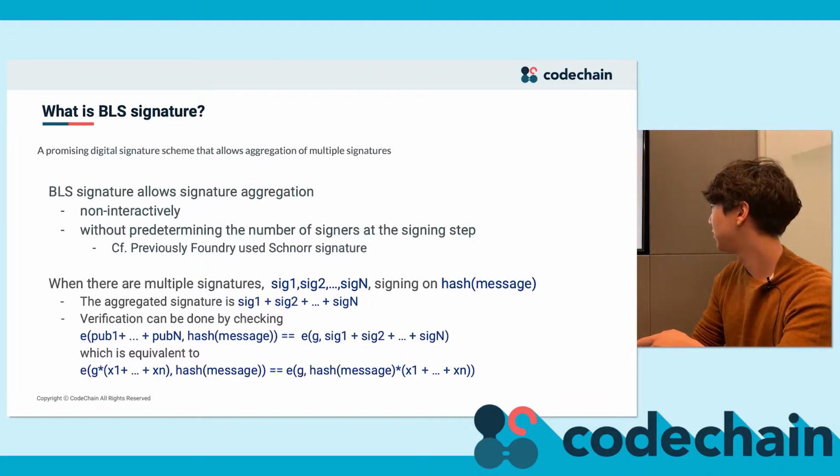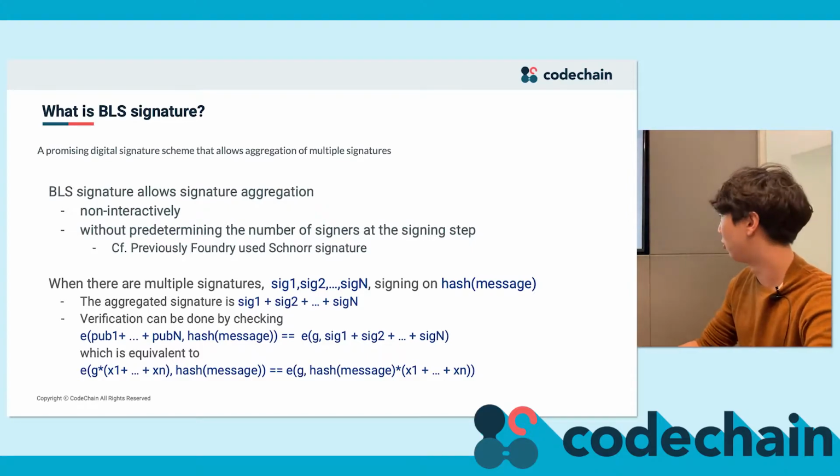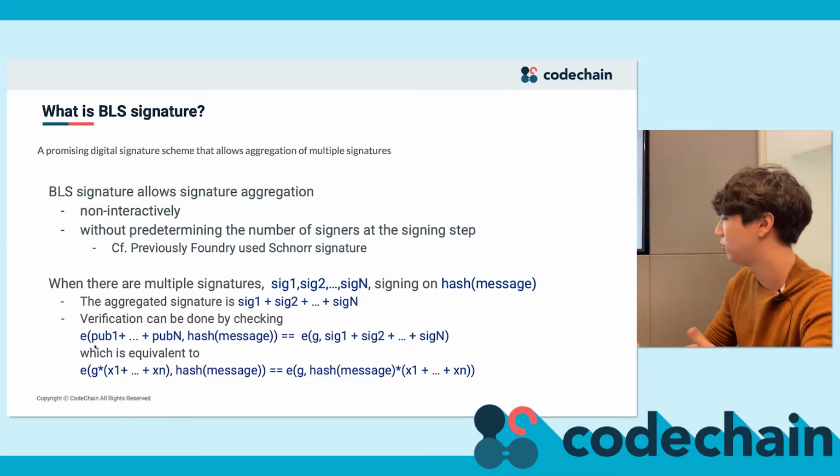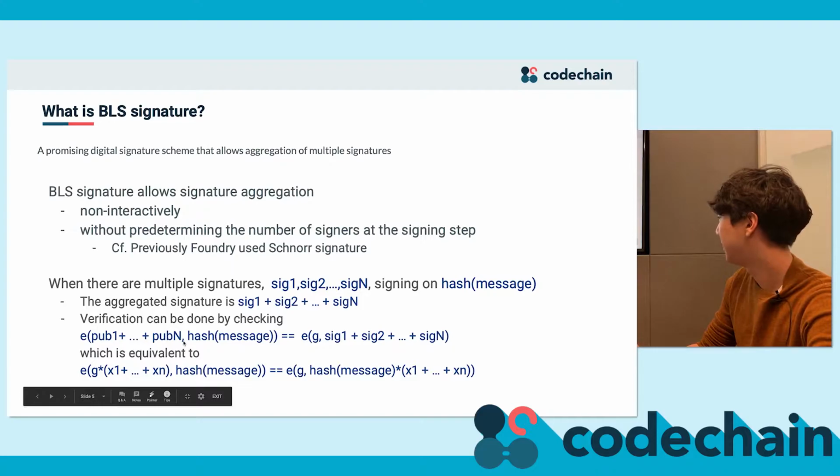And verification is very straightforward. First, we aggregate the public keys in the other group, and we just do the ordinary signature verification of the aggregated signature with respect to the aggregated public key. This works because this formula is equivalent to this.